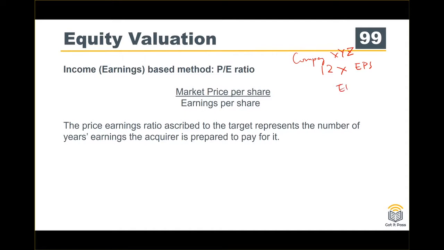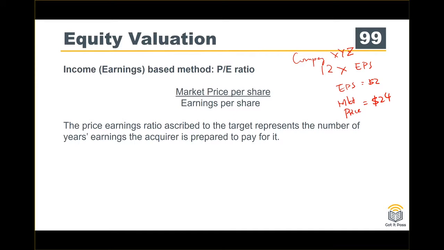If the EPS is $2, then with a 12 times PE multiple, the market price is $24 per share.